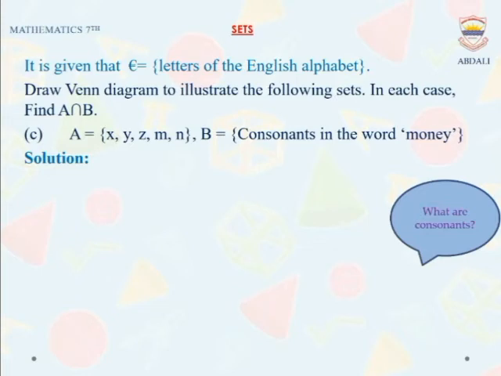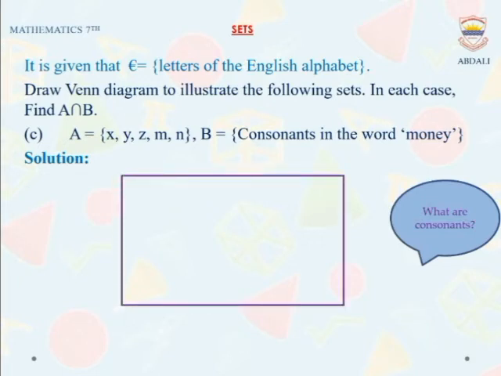Okay, so class, now we will start drawing our Venn diagram, and we will start by drawing our universal set. And after that we will draw set A, which is X, Y, Z, M, N. We have written M and Y on the corner side because we can easily see that in the word money, O and E are vowels, and the letters other than vowels, M and Y, are consonants.